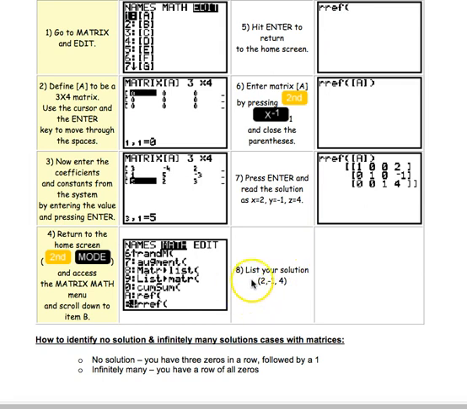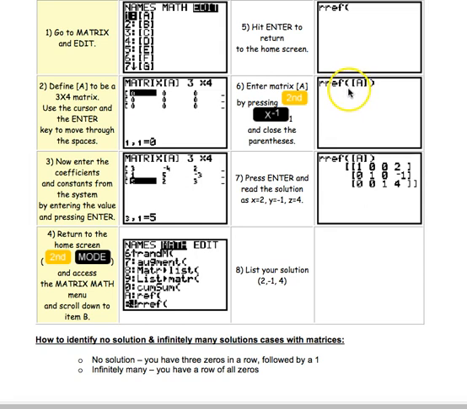I have to tell it which matrix to perform that RREF on. So in this case, because my matrix was in matrix A, I'm going to use matrix A. Now you have lots of matrices available to you.